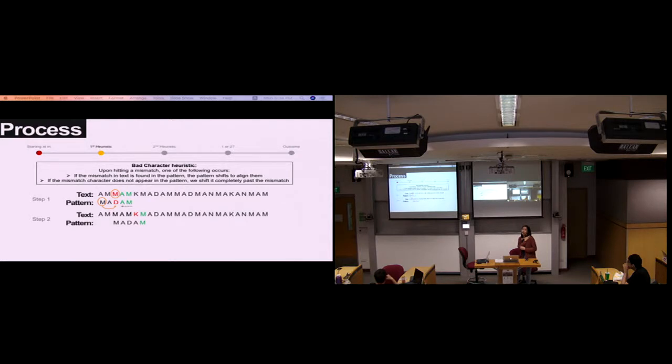But in the pattern, there's no letter K. So what this rule tells us is we just shift the entire pattern to the right so that we skip past the letter K, because we know that the pattern can't occur in any of the positions where there is a K. So that is what it does.